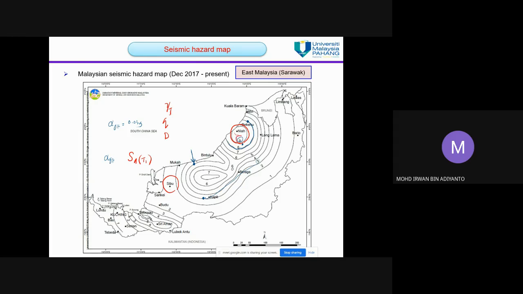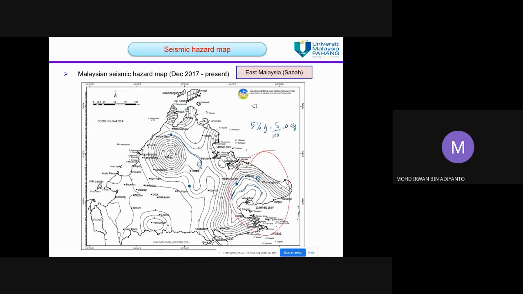Because the alpha GR in Nia is 9% of G compared to Cebu, maybe 1.5 percent of G. So Nia will experience higher seismicity. As well as Ranau, which is 16%, higher than Pensiangan.